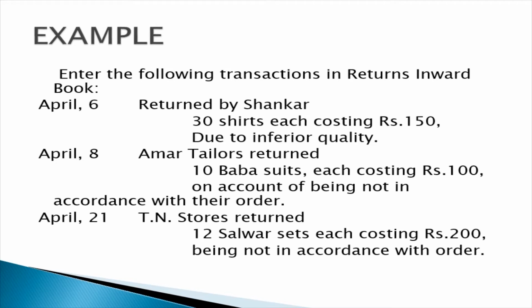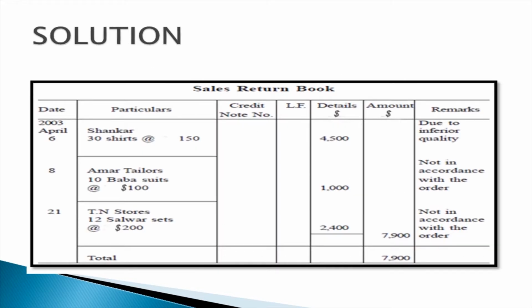Now let's have a look at the solution. Very first transaction took place on 6th of April, so in date column we will mention 6th of April 2003. We will write Shankar and 30 shirts at $150, so the details becomes $4,500. Next is 8th April, Amar Tailors, 10 Baba suits at $100 each, so the total becomes $1,000.